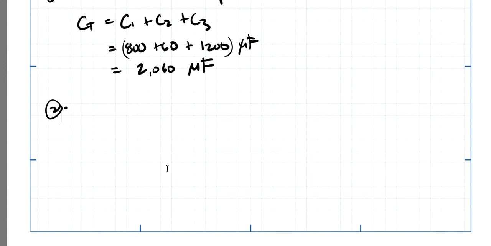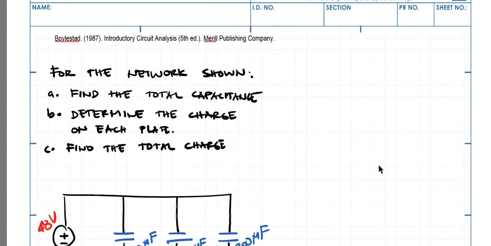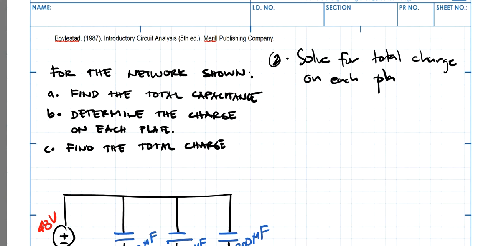Next, let's solve for the total charge on each plate. Recall Q is equal to CV, so we just simply substitute. Q1 is equal to C1 times the voltage across that capacitor.